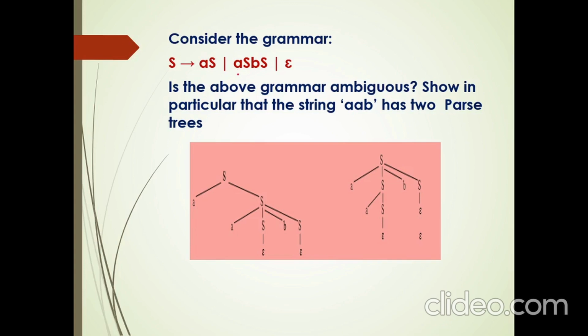First I start from this, then I apply ASBS, and now I apply epsilon. In the other parse tree, I start from ASBS, then apply S gives AS, and this S to epsilon, and this S to epsilon. In that case, we have got two parse trees for the same input.